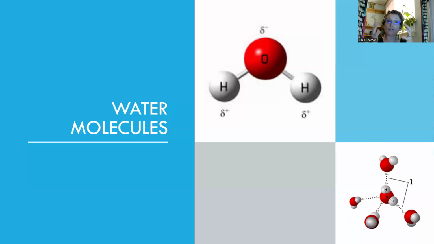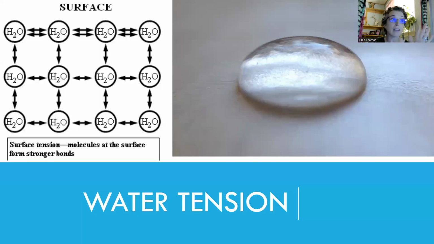So here we find this effect where water is always looking for the next bond, right? Well, what if we have a finite amount of water, just like this bead of dew that we have here in this graphic? There's a finite amount of water, and there are no more water molecules to bond onto.